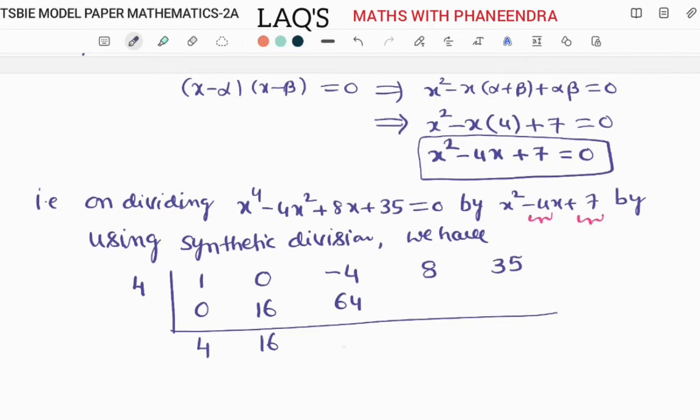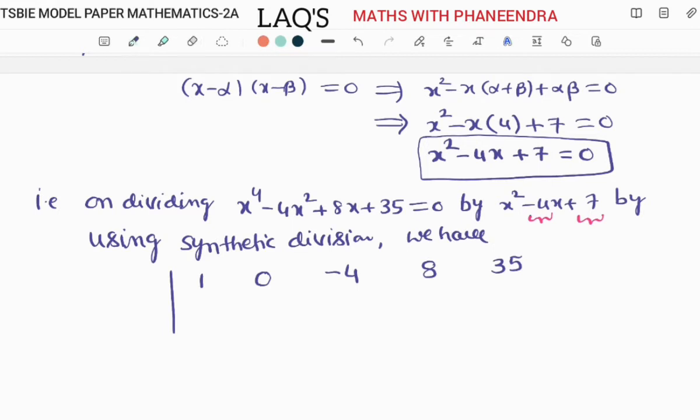Here, if you add these two, 60 will come. 60 into 4 will become 240. So 248, again these two. So by quadratic factor it is not the correct way, sorry.